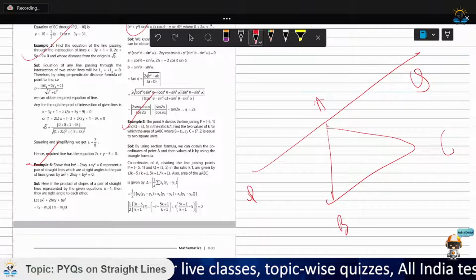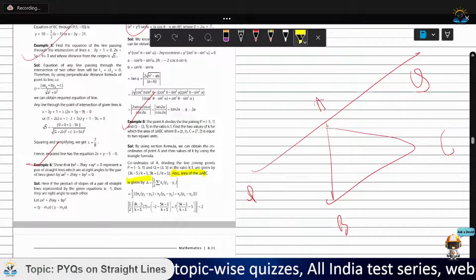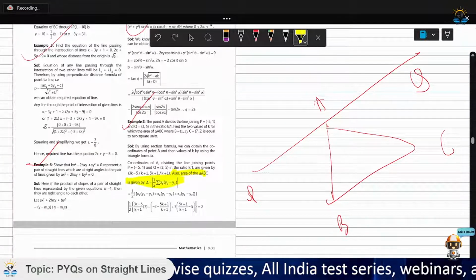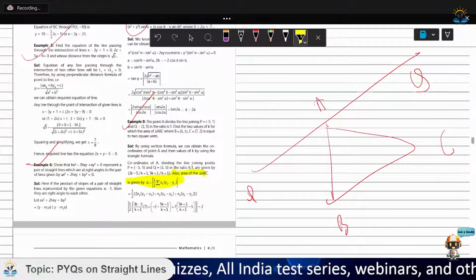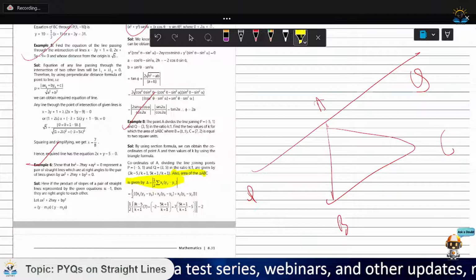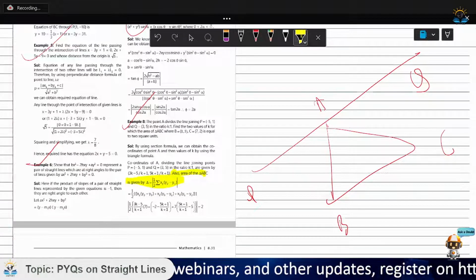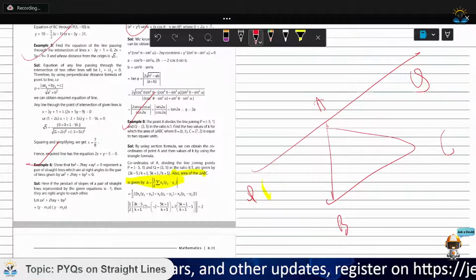Okay, so one thing to note here is the area of the triangle. This is something that you should remember. This is the area of the triangle, right? So on solving this, what do we get? It's a very easy question. If you want me to solve it, I'll solve it.